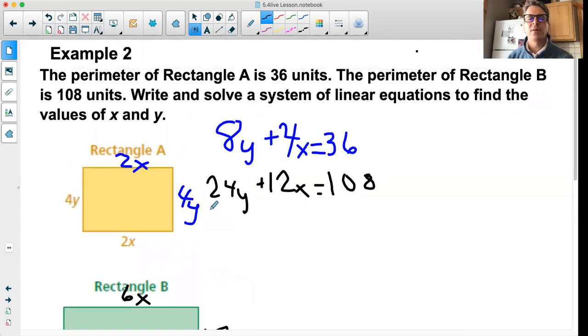And I think that we could use elimination quite easily with this 8 and 24. So if I multiply both of these sides by 3, okay, I'd have 3 times 8, which is 24y. 3 times 4 is 12.